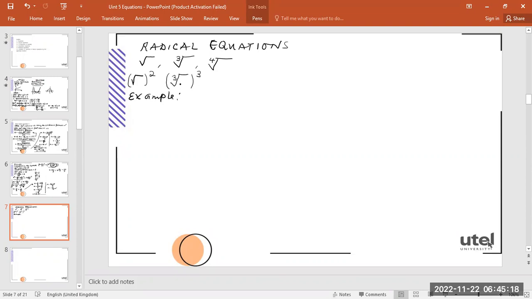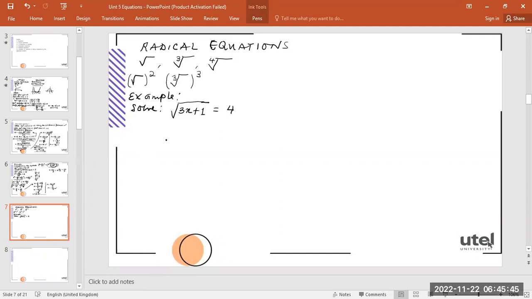So we'll start with a simple example. Assuming you are given an equation of this form and you are asked to solve: the square root of 3x plus 1 is equal to 4.